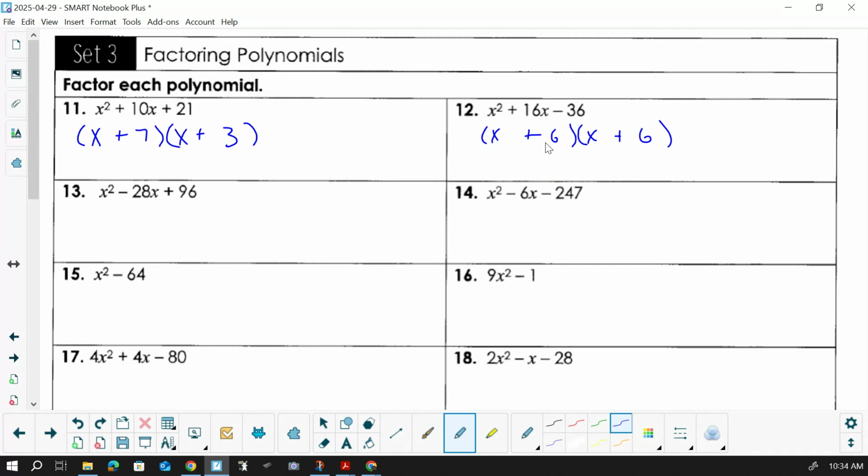So let's try something different, okay? So we know it's not going to be plus 6 plus 6. We can also get a 9 and a 4. We could also do a 12 and a 3, right? What do we think here? What could you do? Are there any other options?